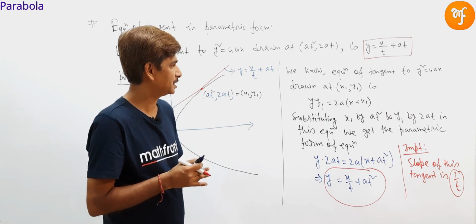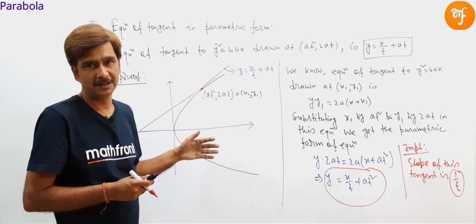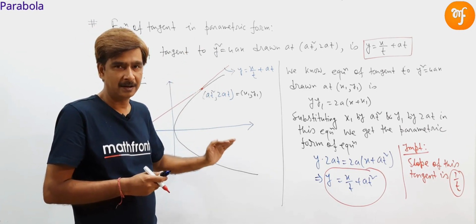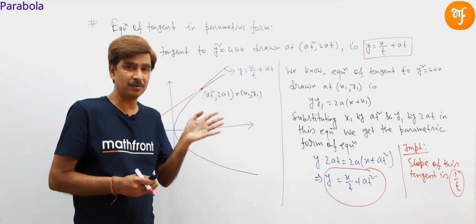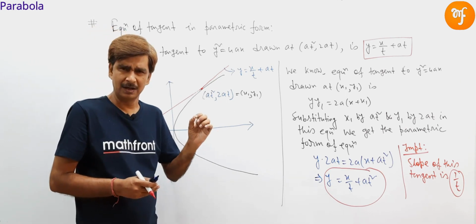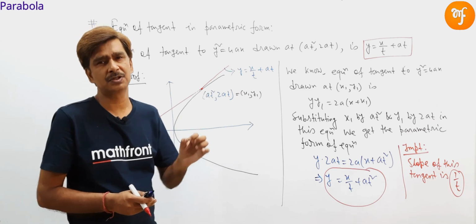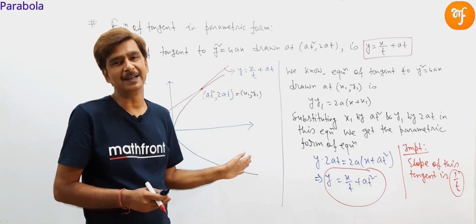Okay, so in this way we can find the three forms of the equation of the tangent, that is slope form, the point of contact form and the parametric form. Okay, now we'll discuss the alternative definition of the directrix of the parabola, or we'll show the locus of the point of intersection of any pair of perpendicular tangents to the parabola is the directrix.